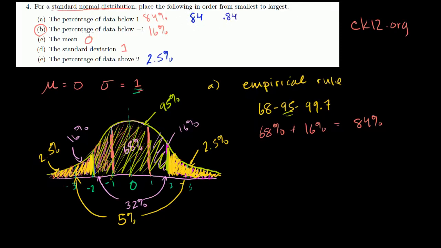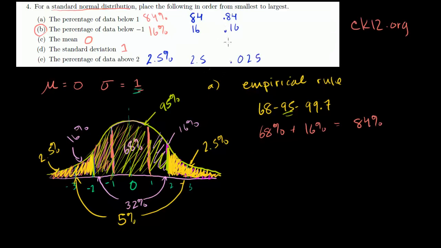Same way here, the percentage of data below -1, I could say the answer is 16, but if I said the fraction of data below -1, I would say 0.16. So this would be very different in how we order it. Similarly, the percentage is 2.5, but the actual decimal is 0.025. This is just ordering numbers, so I shouldn't fixate on this too much.